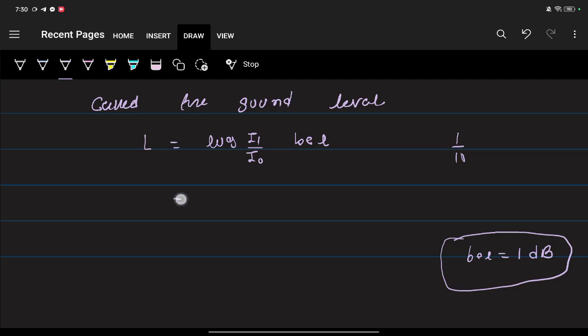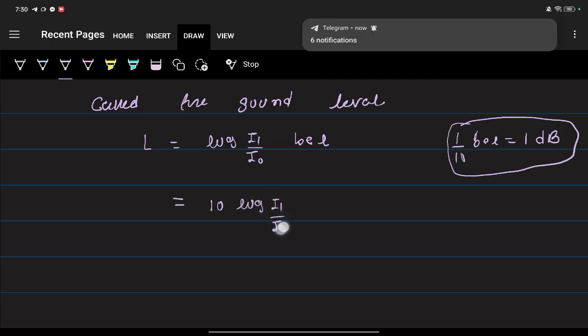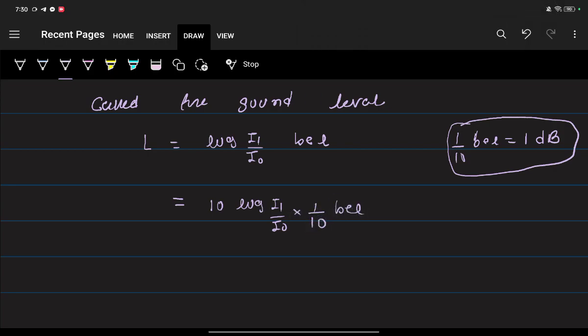So here L will be, if you multiply it with 10, 10 log I1 by I0. Then we need to divide it by 10, so it will become 10 log I1 by I0. As we have discussed, 1 by 10 Bell is 1 decibel.